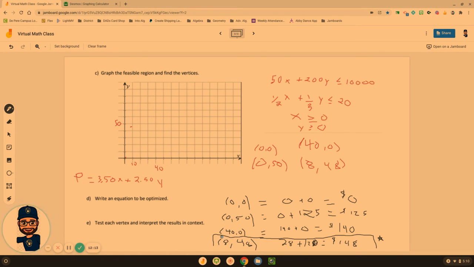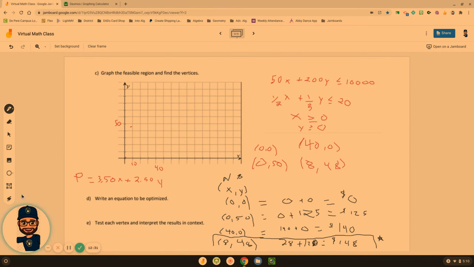Okay. How do I know that it was 8 necklaces and 48 bracelets? Well, remember, every point is listed as X, Y, and on the previous page, we described our X as the necklaces and our Y's as the bracelets. Right?